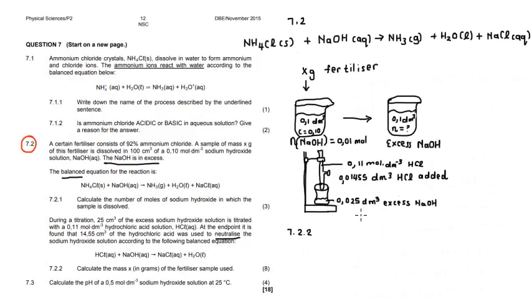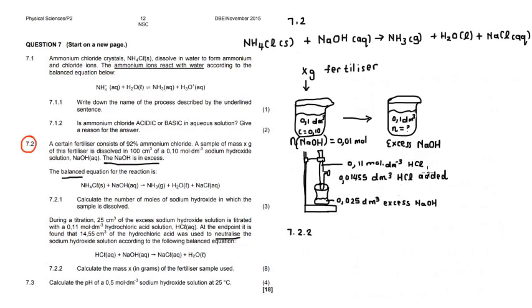That means we need to be concerned, because they told us how much volume was needed for that neutralization to occur, with how many moles of hydrochloric acid were actually added.